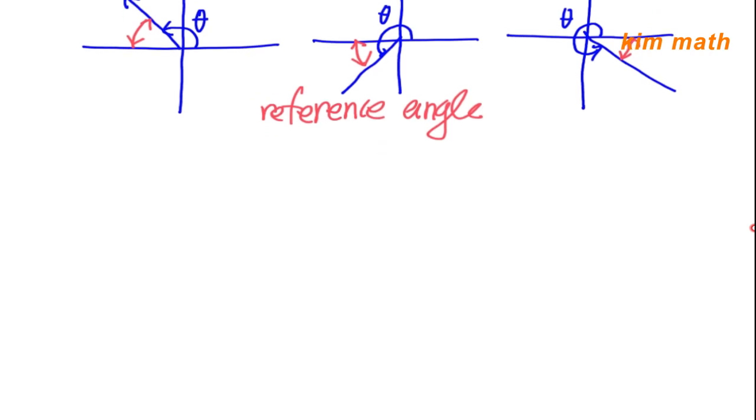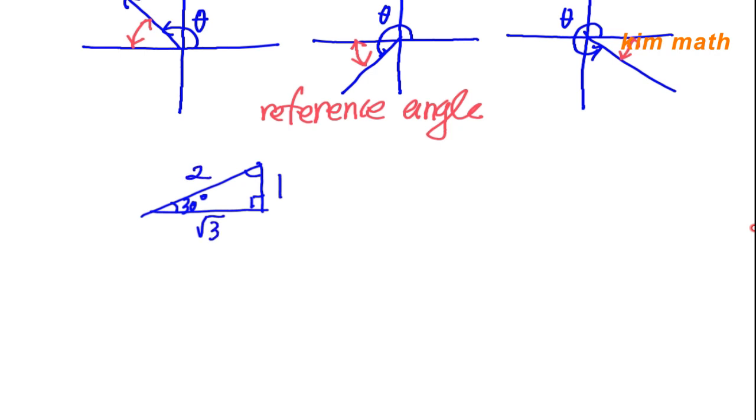At this point, let me summarize one more time for the special triangle. When this is 30 degree, which means this is 60, this is 90. The key point is the ratio of three sides. The smallest is 1, the middle one is radical 3, and the largest one is 2.